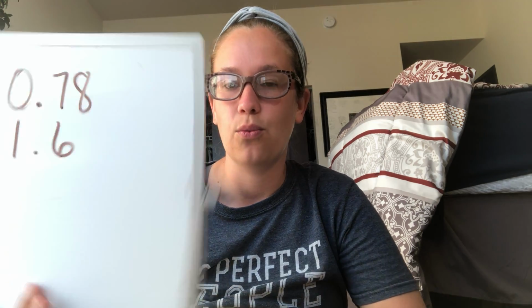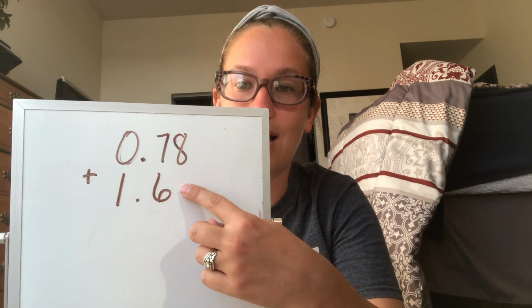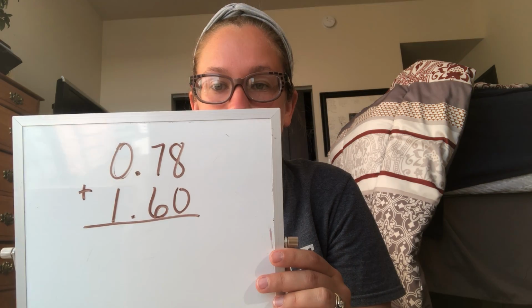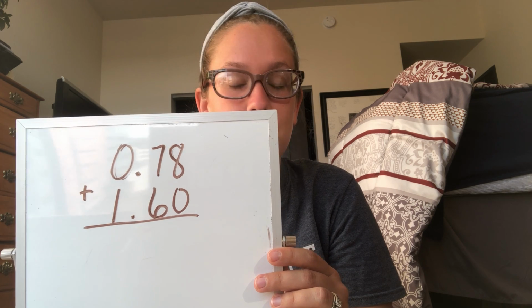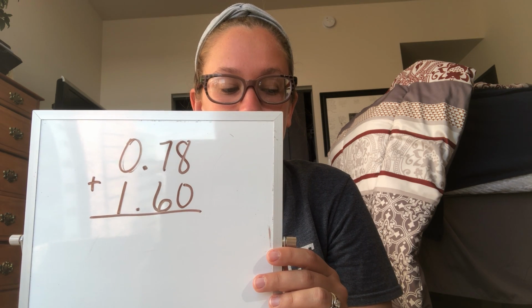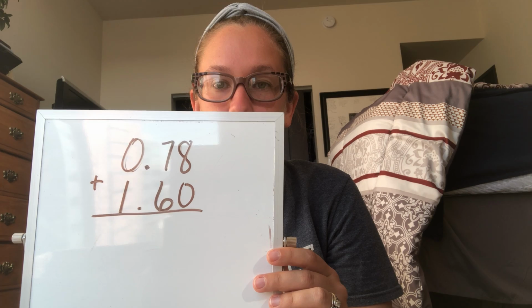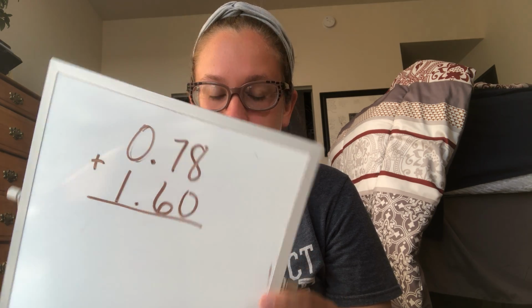So let's just do the first one, which is 7/800ths plus 1 6/10. I always like to go ahead and add my 0 so I'm not confused. Especially when subtracting, it's important. So go ahead, do this problem on your end, and I'll do it over here, and we'll compare our answers.